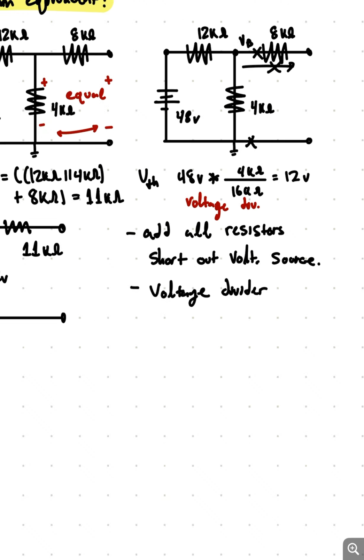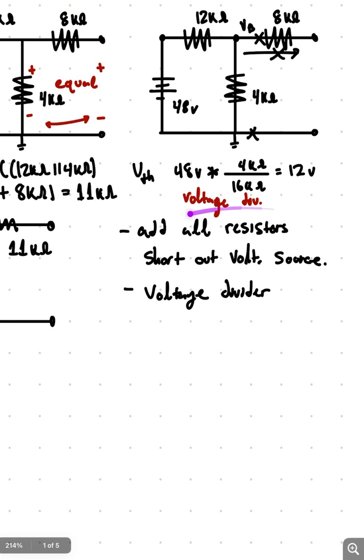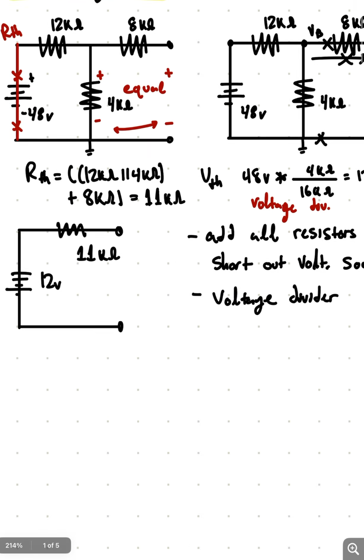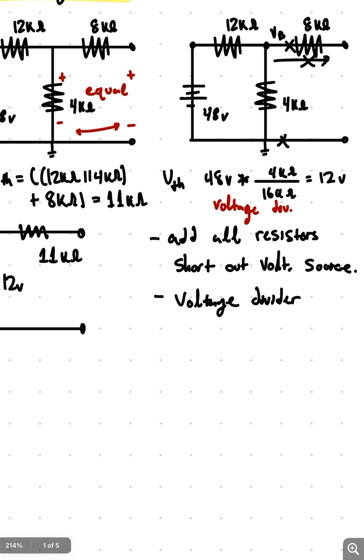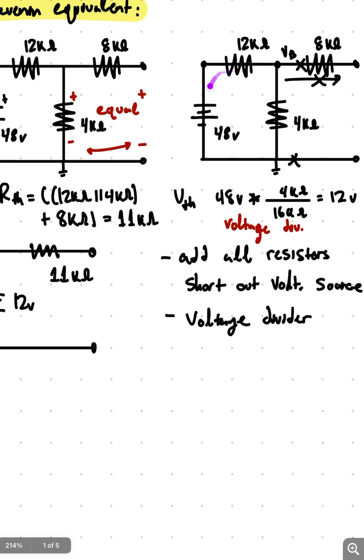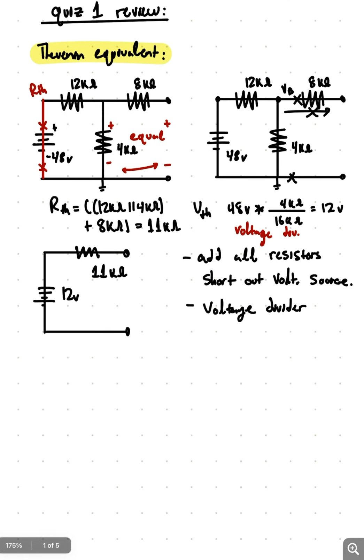So just note for this that all resistors are added and voltage source is shorted out, or if you have a current source, like I said, open circuit. And then in this case, we used a voltage divider to find V Thevenin, but that can change depending on what circuit that you have.